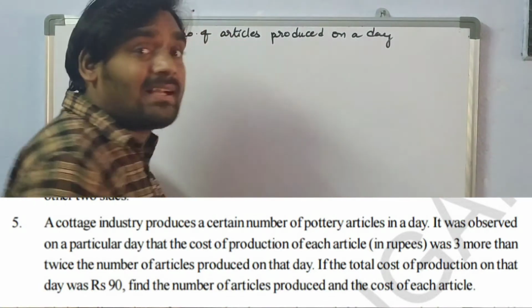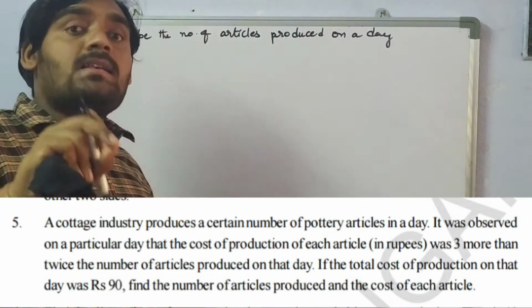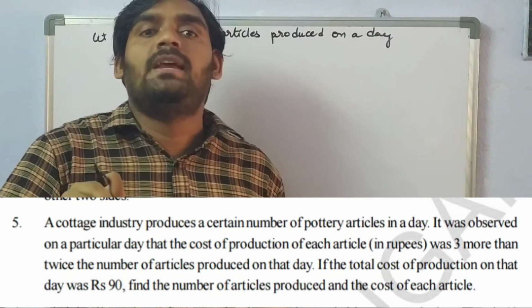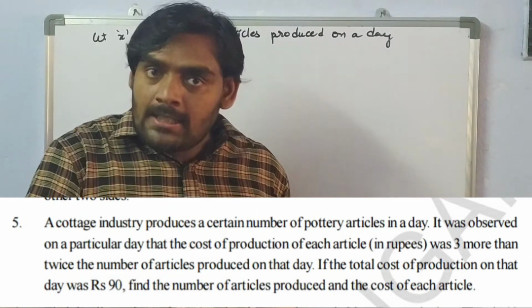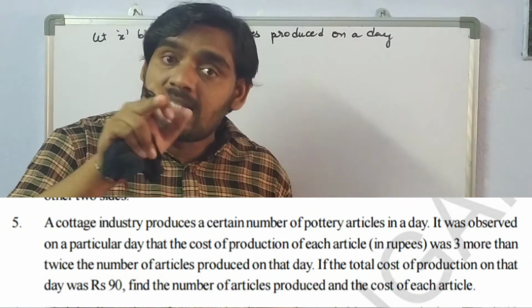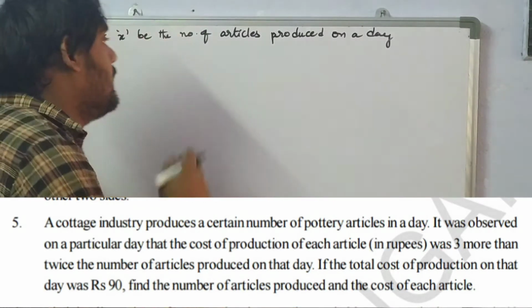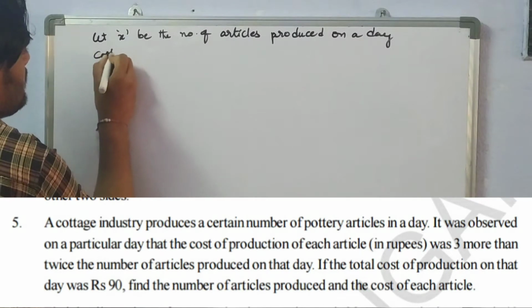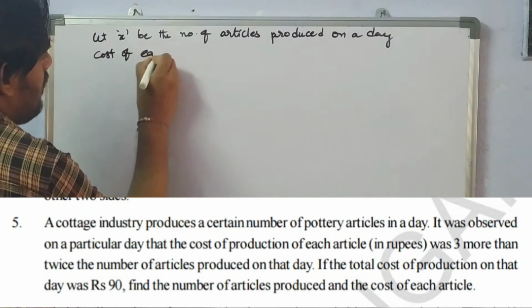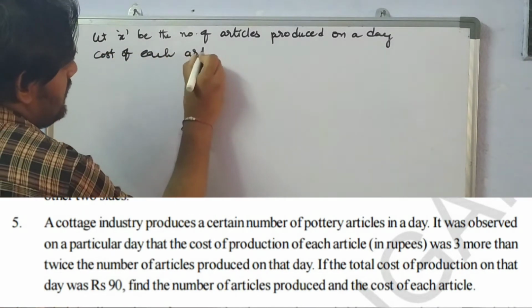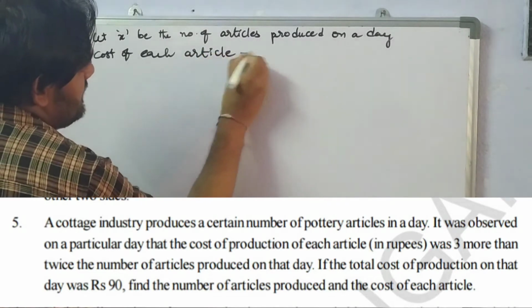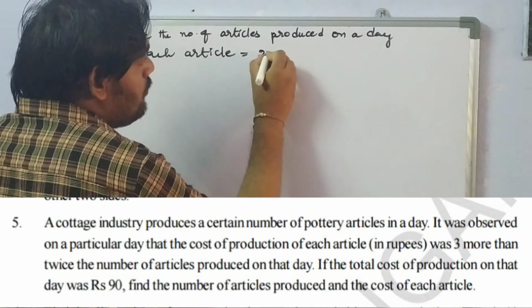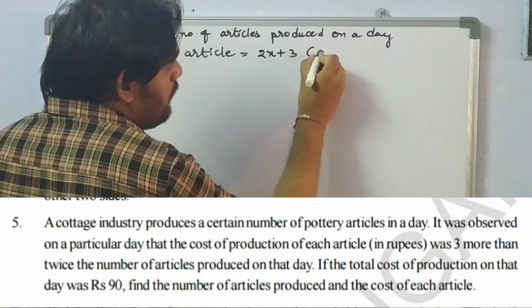But what is the cost of each article? The cost of each article will be 3 more than twice the number of articles produced on a day. Here, the cost of each article is equal to 2x plus 3 according to the problem.